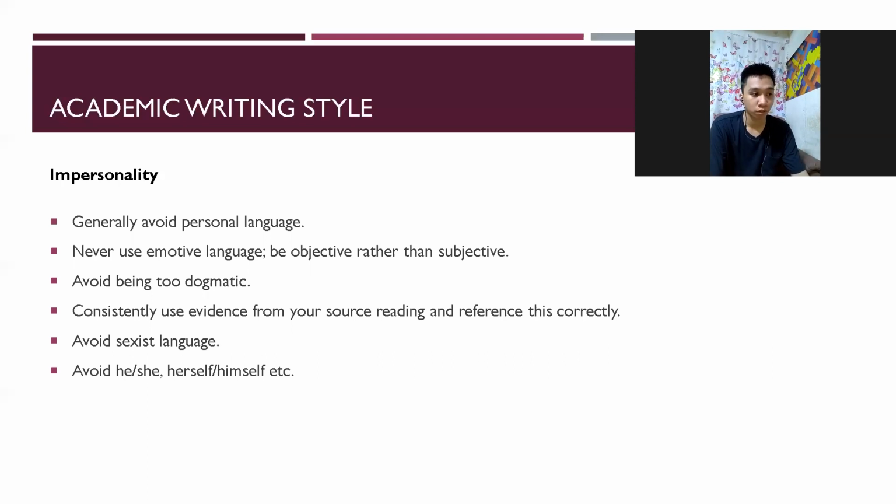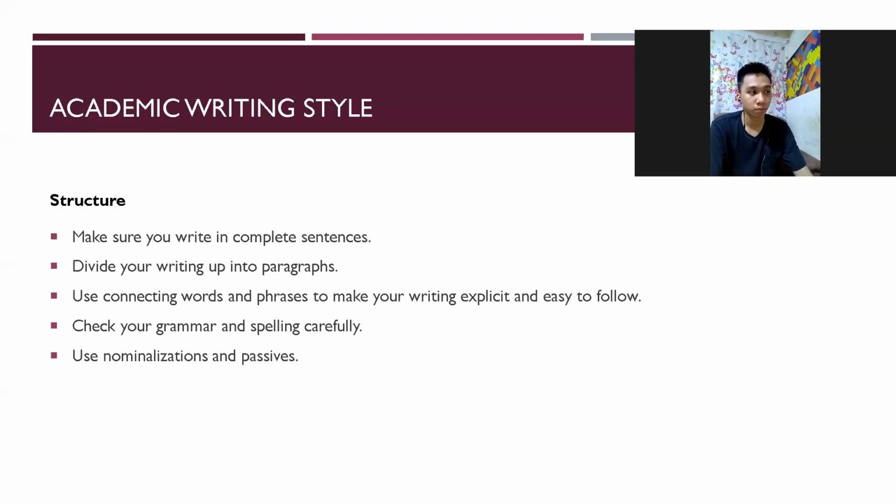Be consistent: use evidence from your source reading and refer to it correctly. Avoid sexist language. Avoid he, she, herself, himself, etc. Instead of he or she, use they or them. You should refrain from using chairman, chairwoman. Use they when referencing someone.